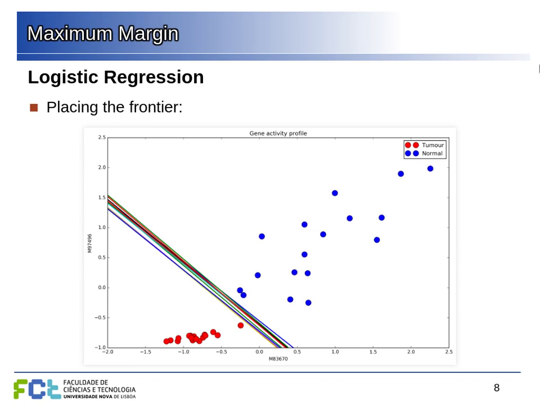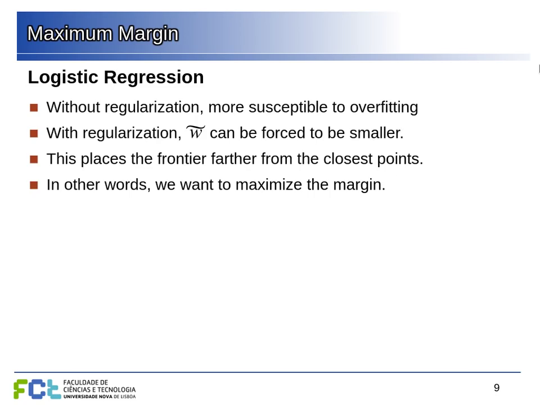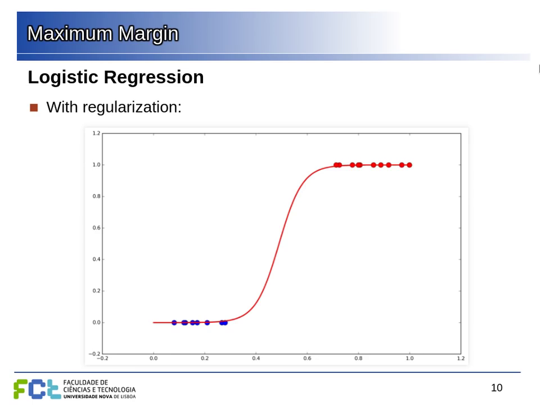So the way we solved this was to use regularization in logistic regression and try to shrink the size of this vector. As we reduce the size of the vector, we make this step smoother, so less inclination here, and we force the frontier away from the nearest point.